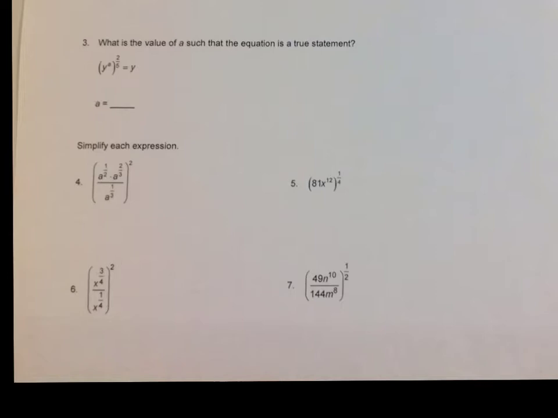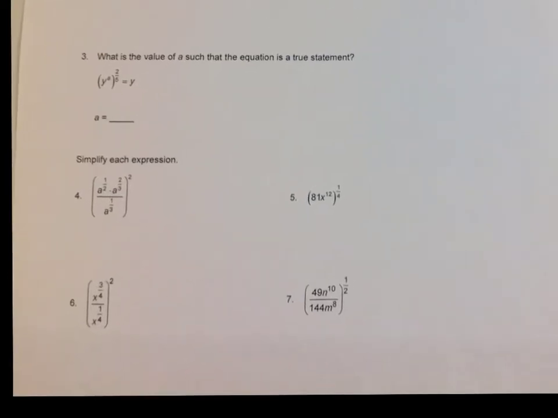Okay, so when you are working these out here, I'm going to go ahead and let you do these by yourself. I want you to remember that what we're doing is you're multiplying 1/2 times 2, 2/3 times 2, and 1/3 times 2. All right, so the first one, I always tell you can do it by yourself, and then I do it with you.